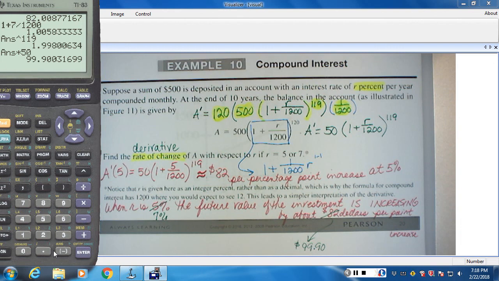Okay? So that's why we have to word the answer at the end as the change in the value of the investment per change in the value of the percentage point that we're changing. Because think about this, if you're going to make an investment, are you going to get the same rate of return regardless of what bank you go to or what money house you go to?